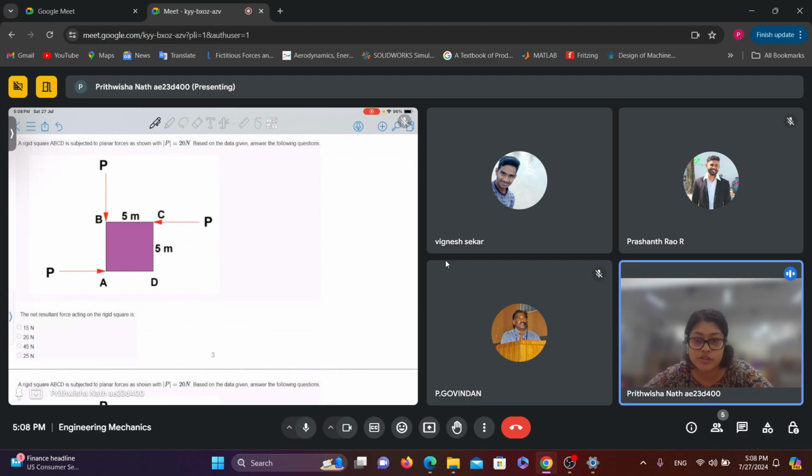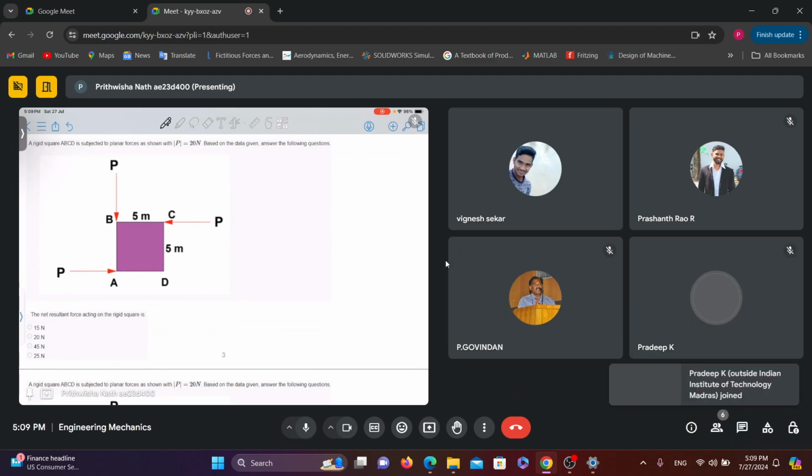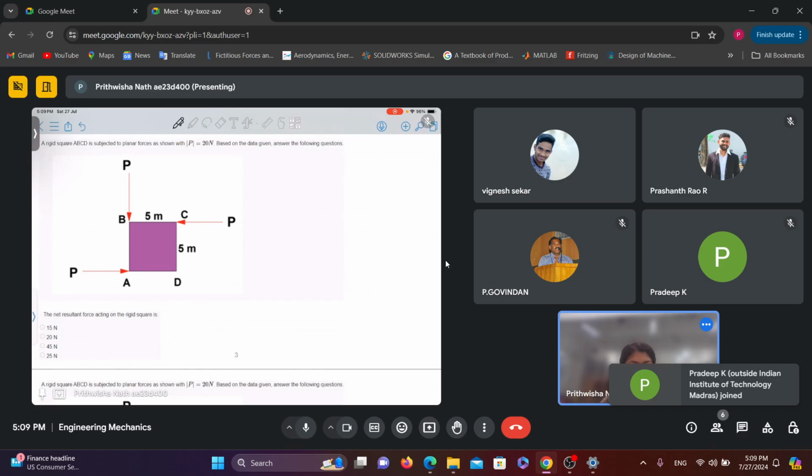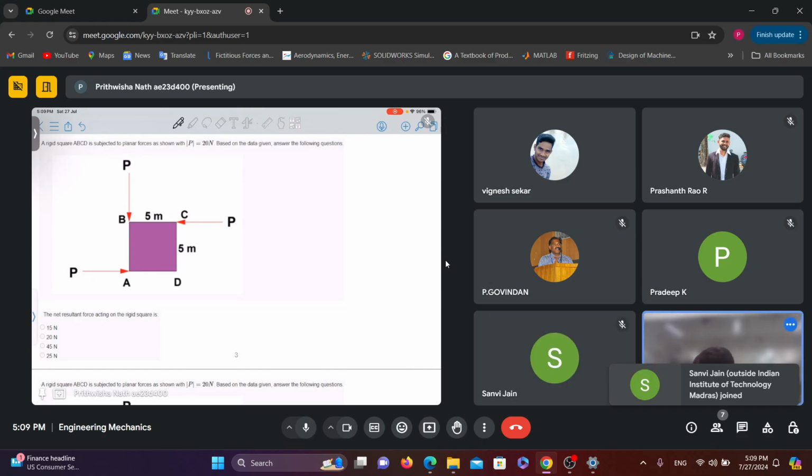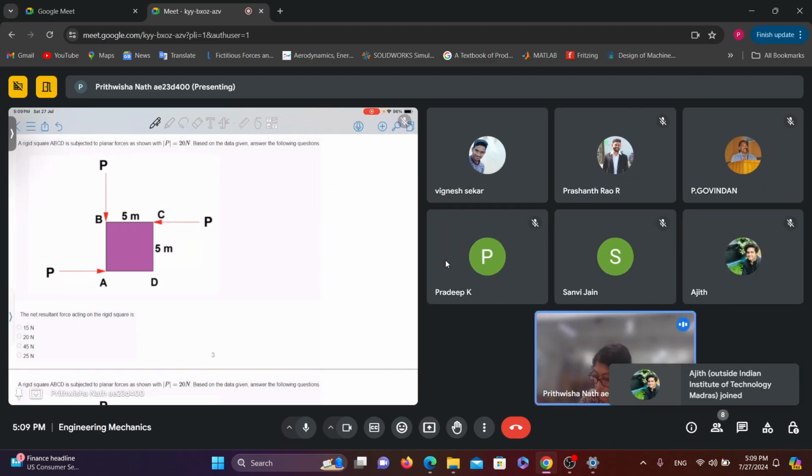Can anyone try solving this question? Force P is acting on this rigid square, and you need to find the resultant force acting on the square.